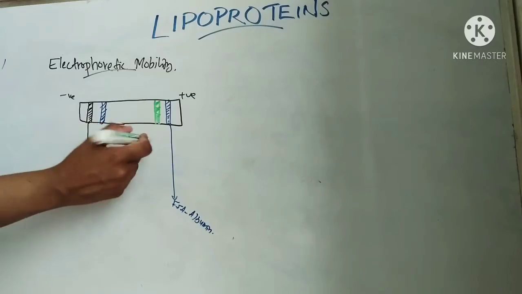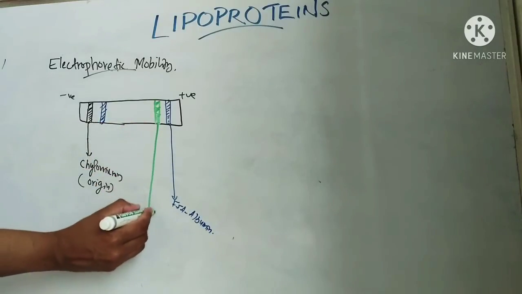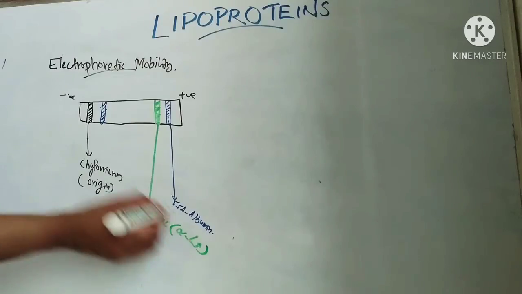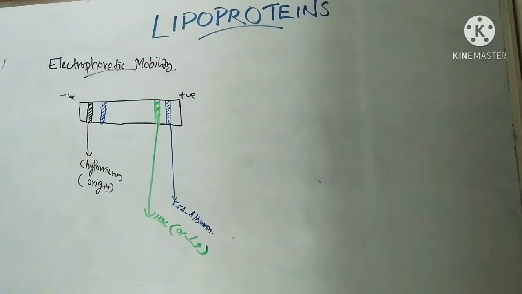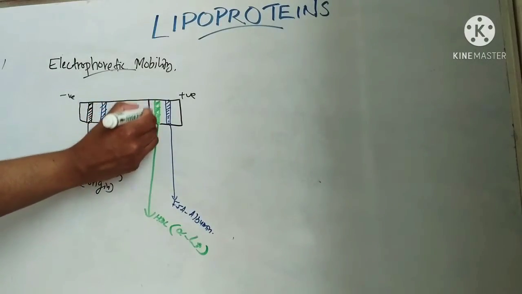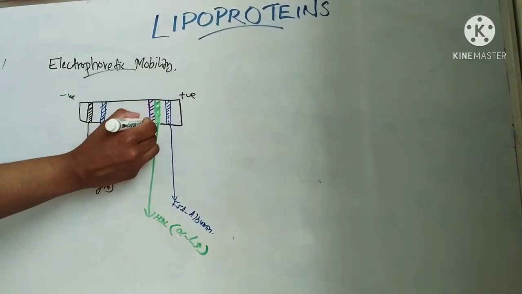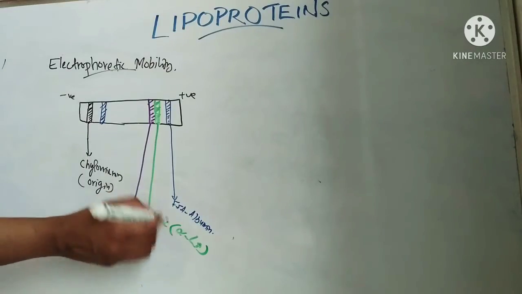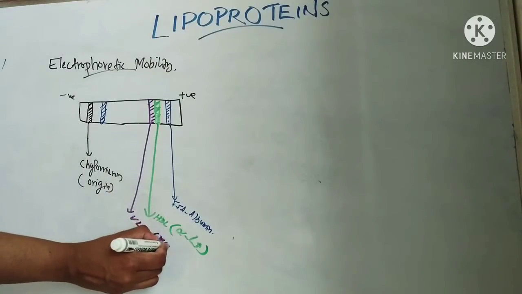HDL is known as alpha lipoprotein. Then VLDL will come, and it is pre-beta lipoprotein.